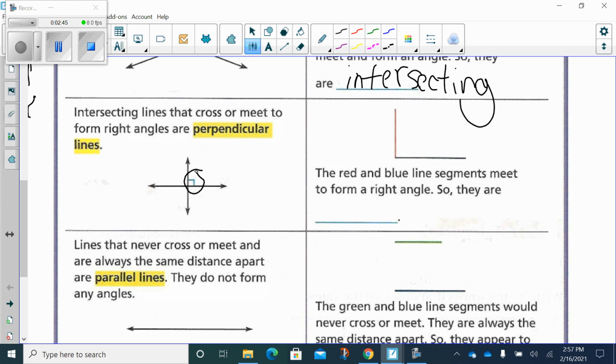So when these line segments meet to form a right angle, they are perpendicular. I want you to say that out loud. Perpendicular, perpendicular. They meet at a 90-degree angle.